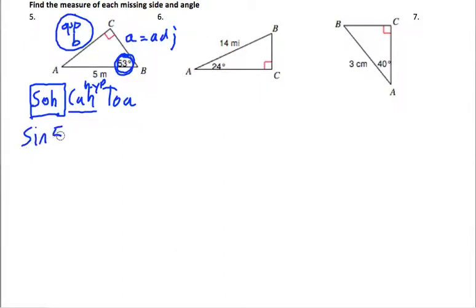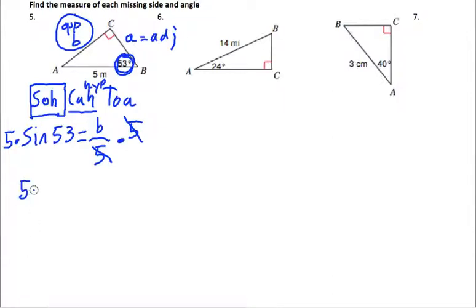The sine of 53 degrees is equal to the opposite, which is little b, over the hypotenuse, which is 5. At this point, we can just solve for our unknown value. If it's b divided by 5, we can undo that by multiplying. All we have to do is multiply by 5 on the left side of the equation to keep it balanced.